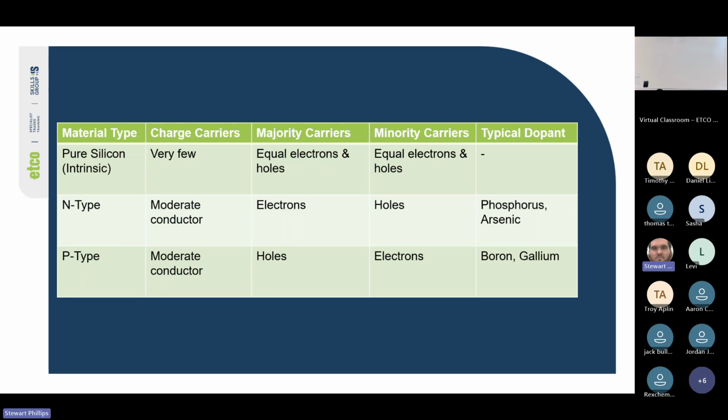So it has majority carriers of electrons in N-type and holes in P-type. When they say majority, it means there are more free electrons than holes in an N-type, and in a P-type there are more holes than free electrons. That's all we're talking about when we talk about majority carriers.